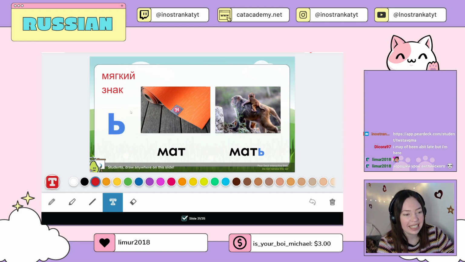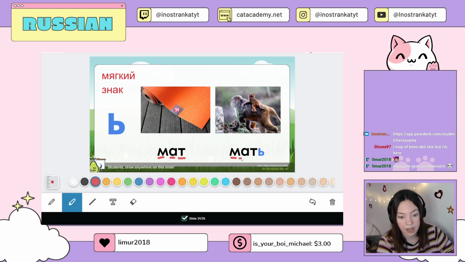Okay, мягкий знак. So again, we have two pairs of words, and they have identical letters. The beginning, буквas, M, A, T, and here is this мягкий знак. The first word, we can already read it because we know the sounds of all of these letters. M, A, T, mat.